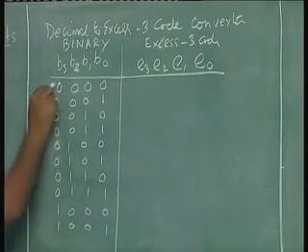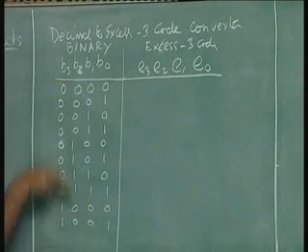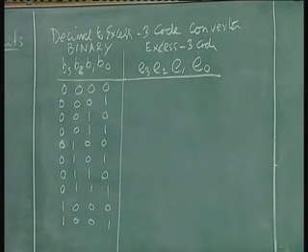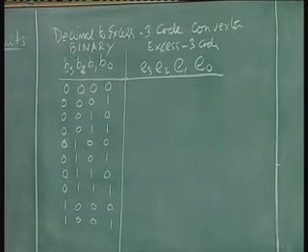Zero to 9, that is 0, 1, 2, 3, 4, 5, 6, 7, 8, 9 decimal, written in binary form, 10 values or 10 patterns. For the corresponding XS3, all I have to do is add 3 and then convert it back to binary.